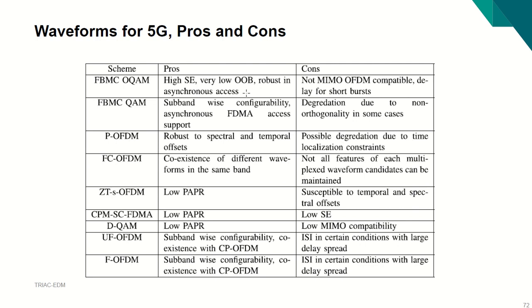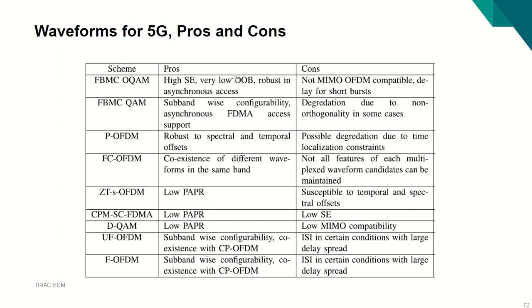So for the first one, you have high SE, and then no out of band. Out of band means that in some signals the spectral shape is not very regular and it transmits outside of its band. That's interference to other people. So we would try to prevent this OOB, out of band interference.